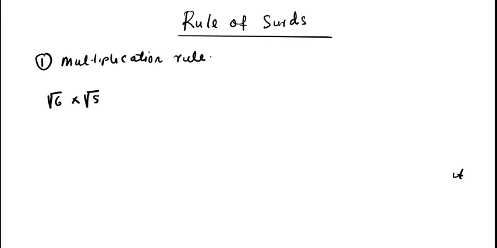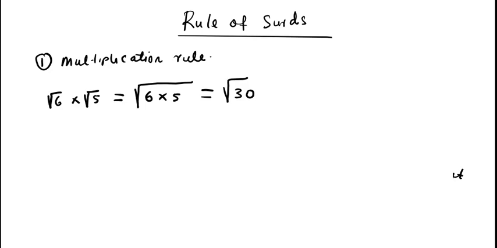This is also the same thing as square root of 6 multiplied by 5. And when you simplify that, you have square root of 30.